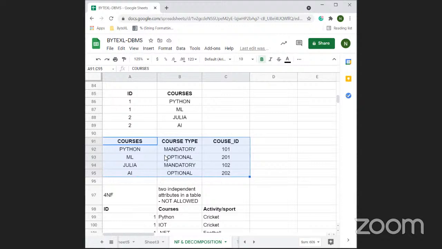This is BCNF. From the InfyTQ perspective, you can expect more questions on join statements and these normal forms. They will show you two tables and give you options, and we should be in a position to select which is the first normal form, which is the second normal form, and such things.